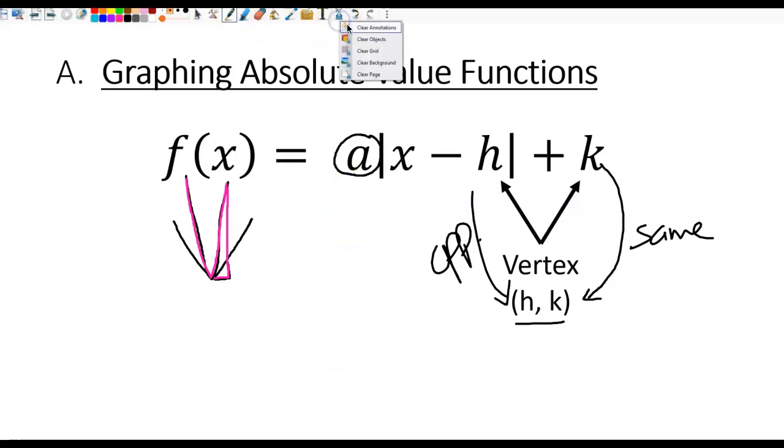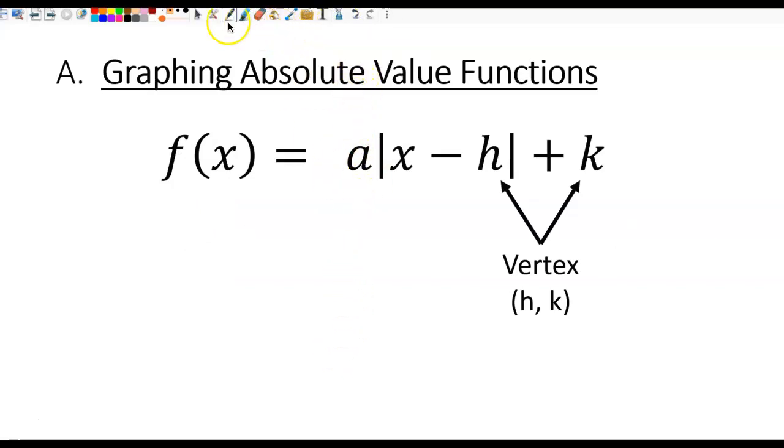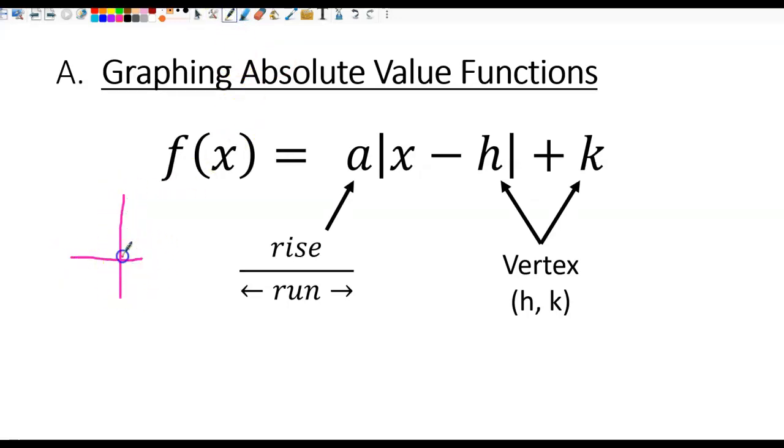So we're going to treat the vertical stretches and compressions like a slope. It's our rise and run. What's interesting about absolute value functions is that you have your starting point, and then you have your rise and run. But we know they have a V shape, so we rise, but when we run, we go both ways.